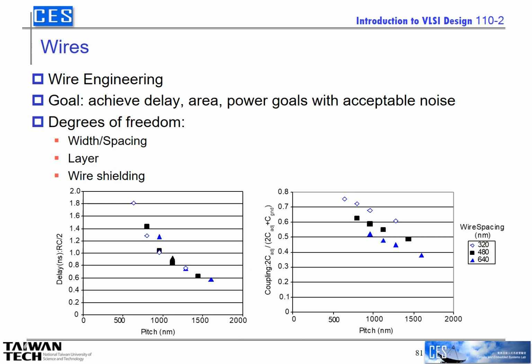Okay, so as we said, the wire could result in delay, power consumption, and noise, the crosstalk. So there's an idea we call wire engineering. That means we can purposely design the wire, like the length or the routing of the wire, to achieve goals such as the system delay, the complexity, which is area, and power consumption.